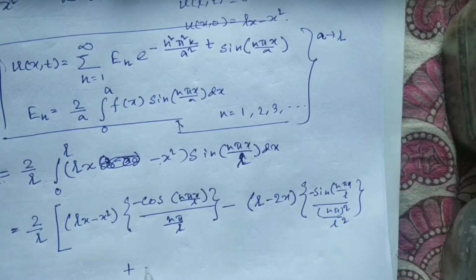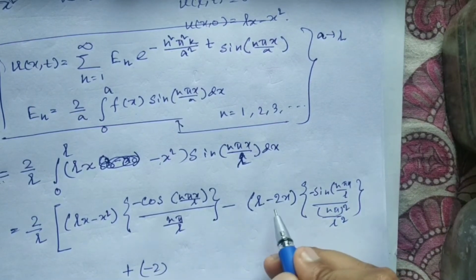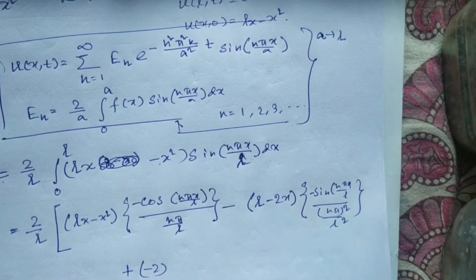Then the next term is the differentiation of this, which is equal to minus 2, and triple integration of this.